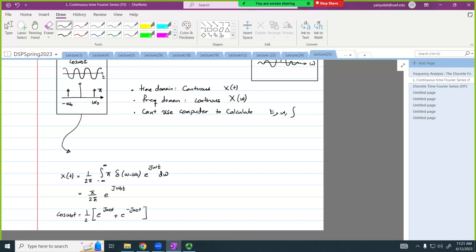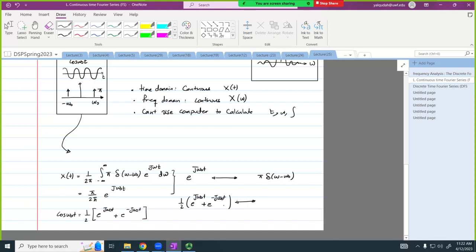So what this says is the following. If I have e to j omega 0 multiplied by t, then in the frequency domain it is going to equal a pi multiplied by delta of omega minus omega 0. Good? But then I can say, oh, but the cosine is made up of 1/2 of e to j omega 0 t plus e to negative j omega 0 t.